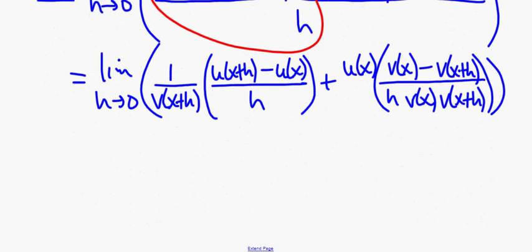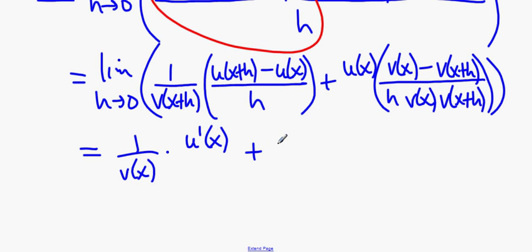Not at all. Because what it appears that this is 1 over v of x times, as h approaches 0, the derivative of u. And then here, u of x is utterly unaffected. And then this thing, what the heck is this thing?